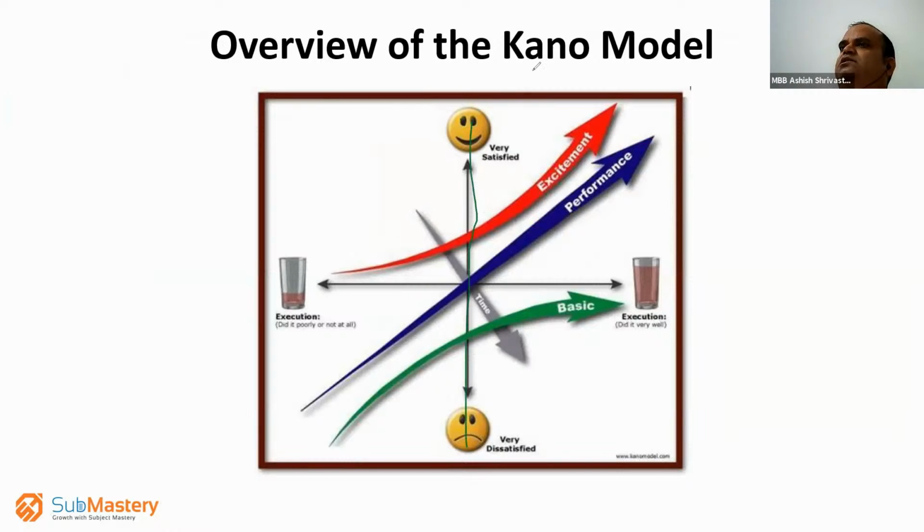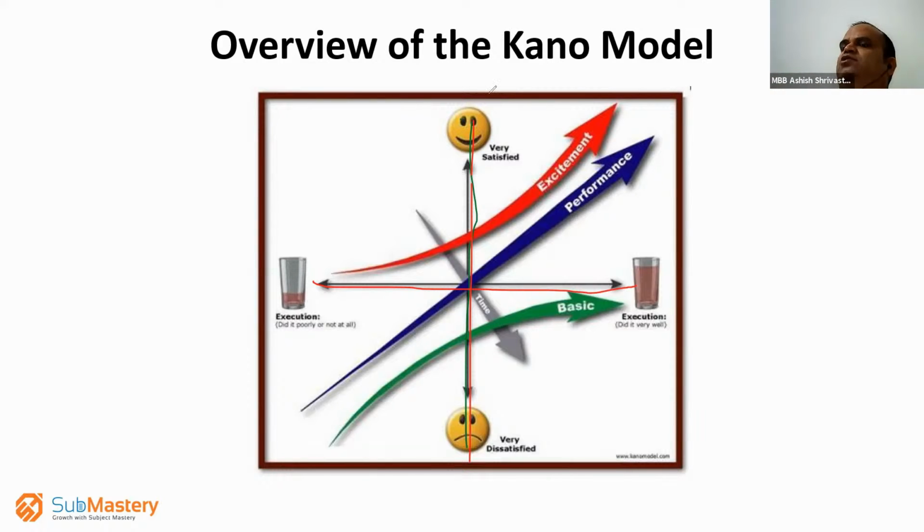This is the y-axis and this is the x-axis. Basically, the y-axis gives you an idea about the customer satisfaction, and the x-axis gives you an idea about your execution.